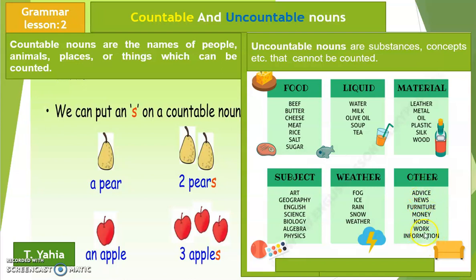The uncountable nouns don't have a plural, so they are always singular. That's why we may not add s or es to form their plural, as with countable nouns. So uncountable nouns are always singular. We cannot count them, and that's why we call them uncountable nouns.